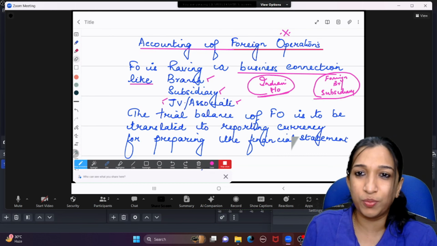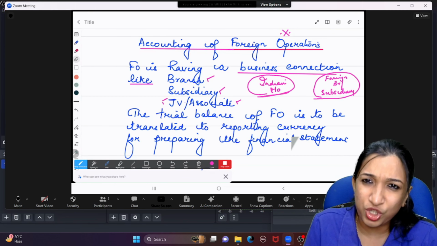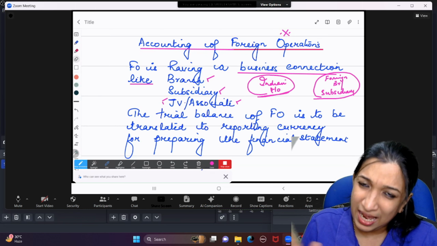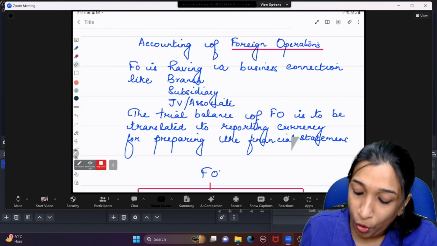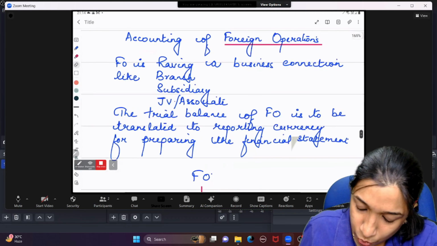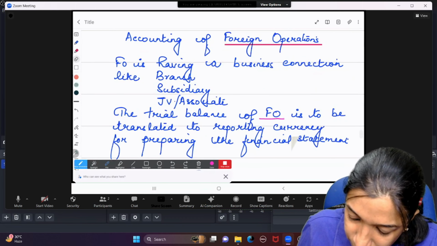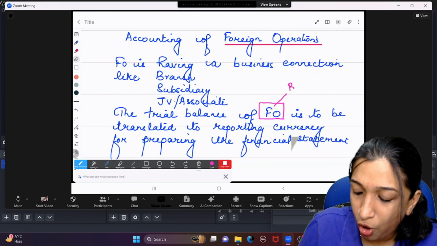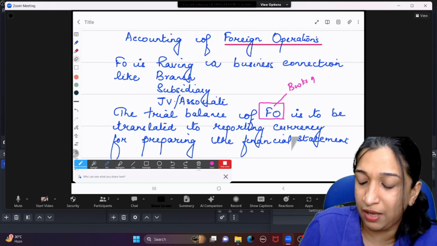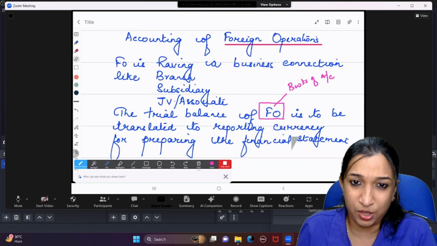Then what is to be done? Everyday transaction you are going to translate? No. That foreign operation you need to identify. That foreign operation will be having their own books of account.